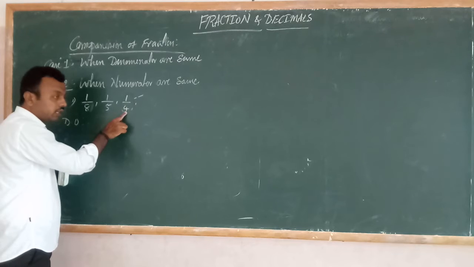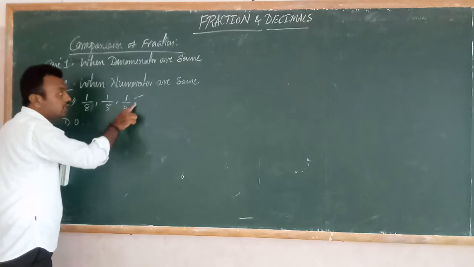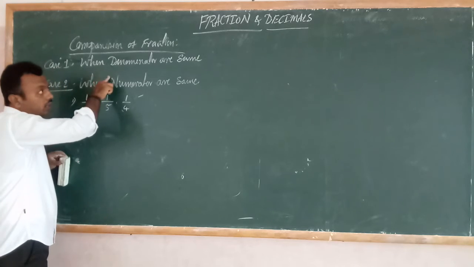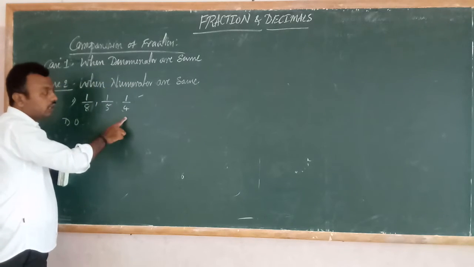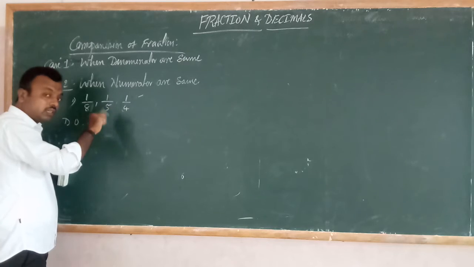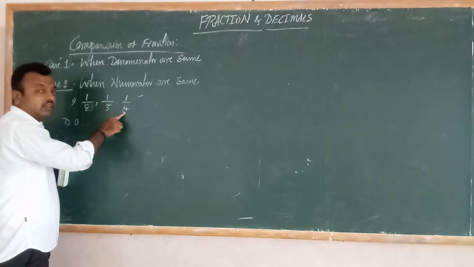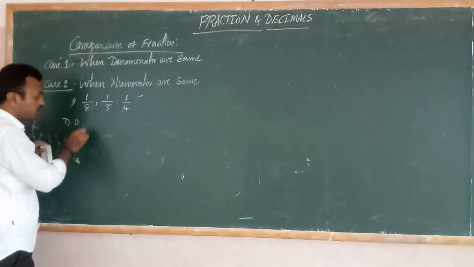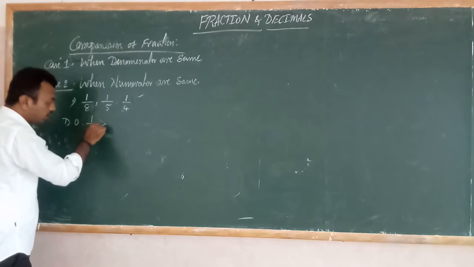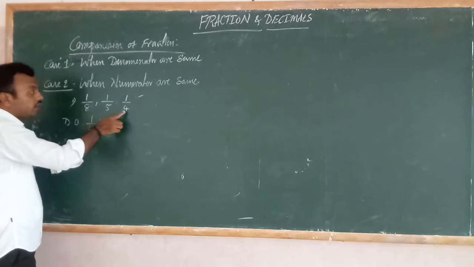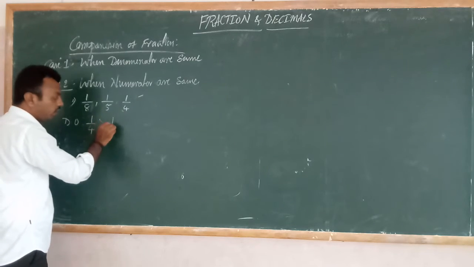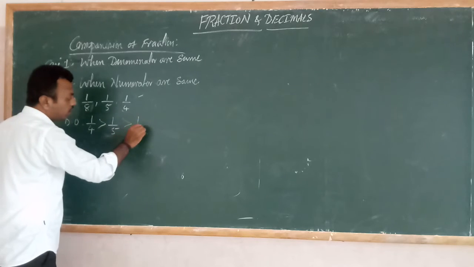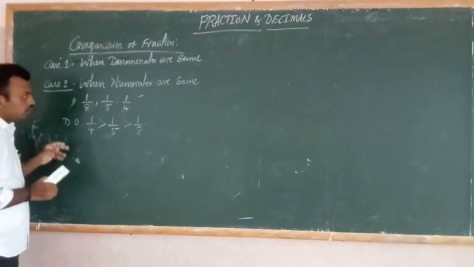Opposite here: smaller means bigger, bigger means smaller. So the smaller denominator gives the bigger fraction. Therefore 1 by 4 is greater than 1 by 5, and 1 by 5 is greater than 1 by 8. Have you understood? So very simple.